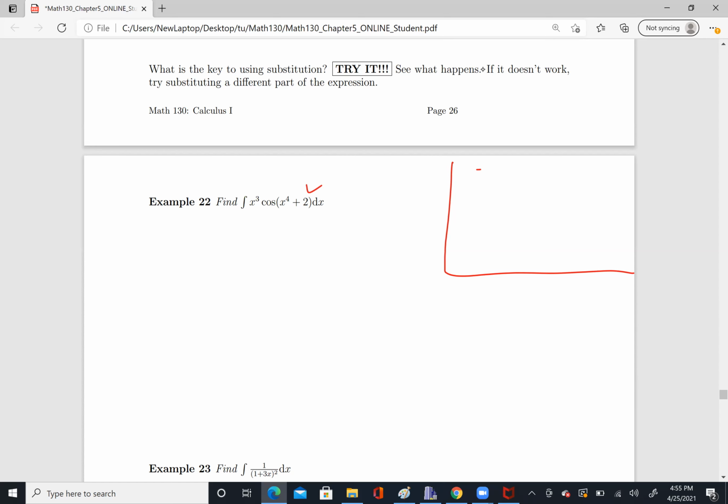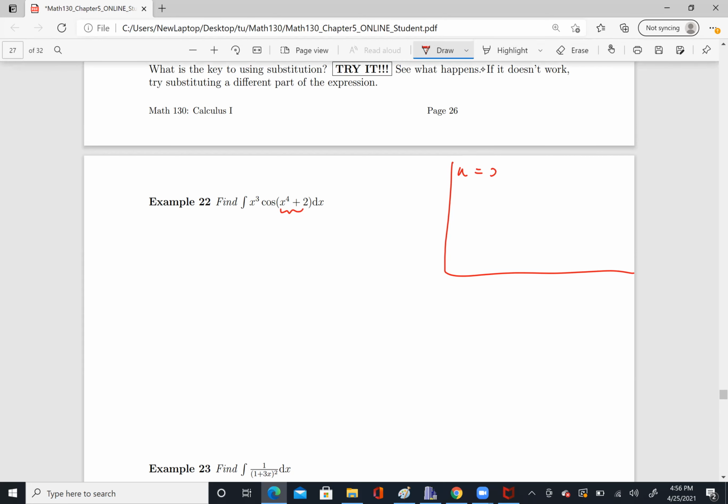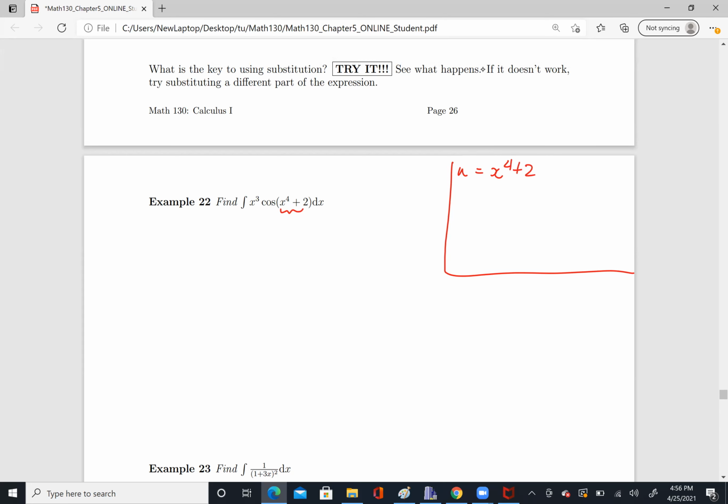Okay. So another term that maybe we have to think about trying to substitute is x to the 4 plus 2, right? Let's say I have u equal to x to the 4 plus 2.